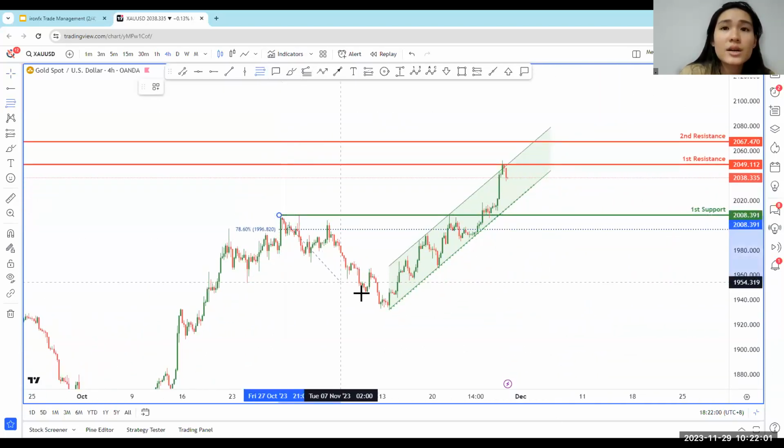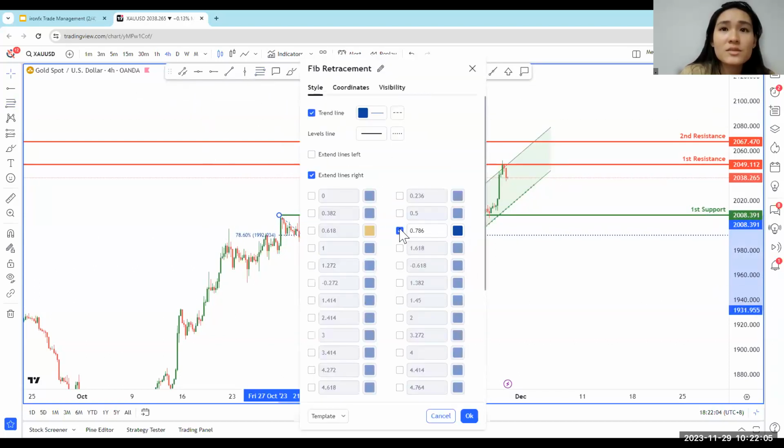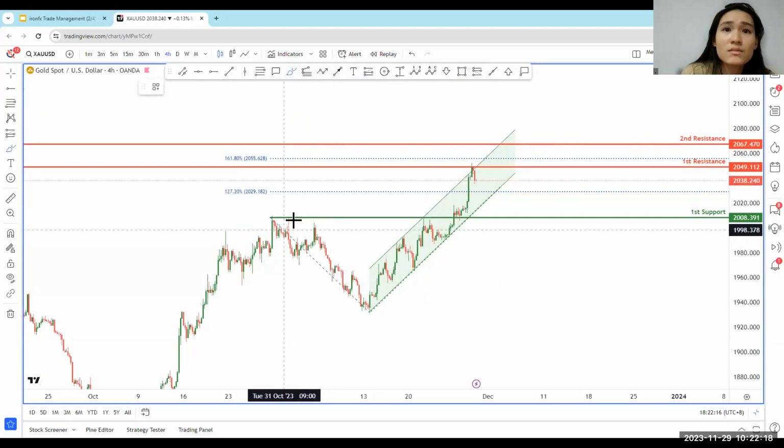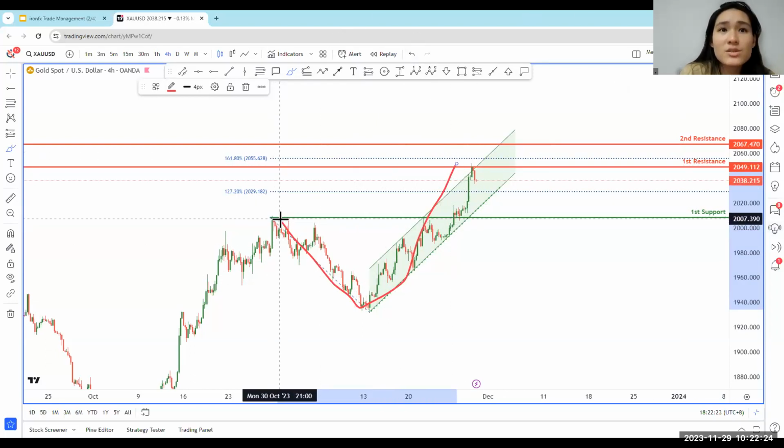Firstly, I'm going to go in with a Fibonacci extension. For a Fibonacci extension, we're basically looking for this kind of shape, like a Nike tick shape.